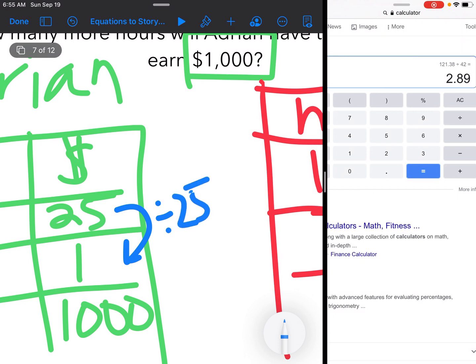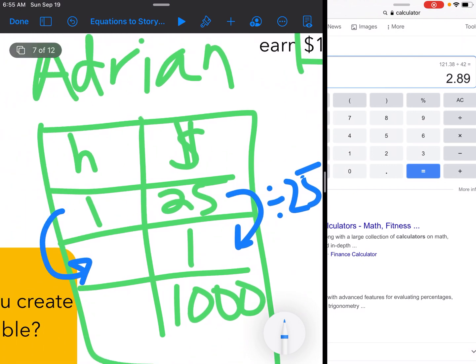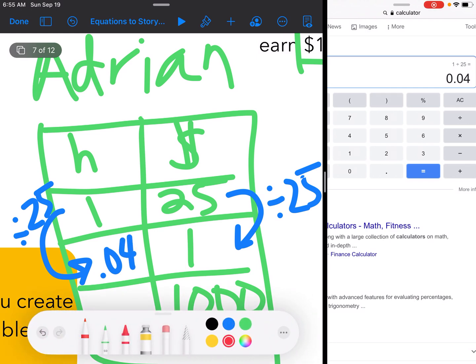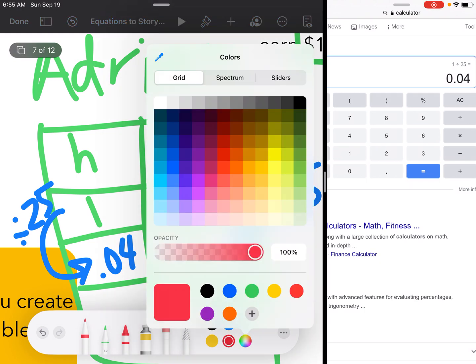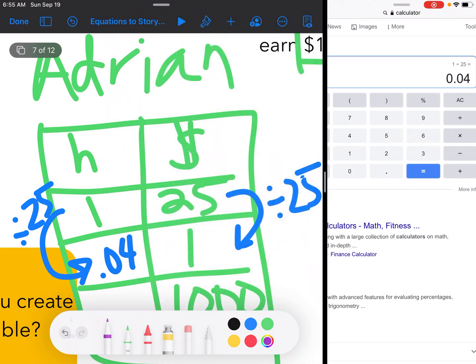So my calculator, 1 divided by 25. Oops, hit the wrong button. 1 divided by 25. There we go. Okay, I get 0.04. So now I have to get from 1 to 1,000.